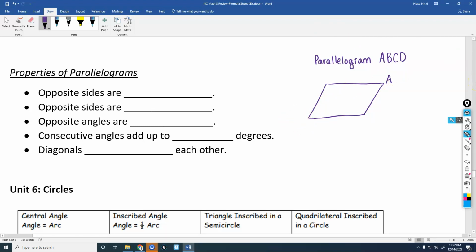So, if I put A here, I could put B here, C here, D here. I didn't have to start that way. I could put the A somewhere else. I could put the A right here. We call this A, B, C, D. But you've got to go around the edge whenever you name it. Okay? So, opposite sides in a parallelogram are congruent, so they're the same length, and they are parallel.